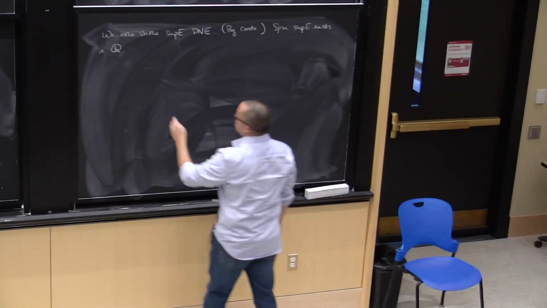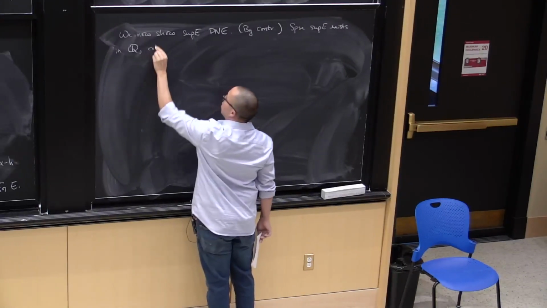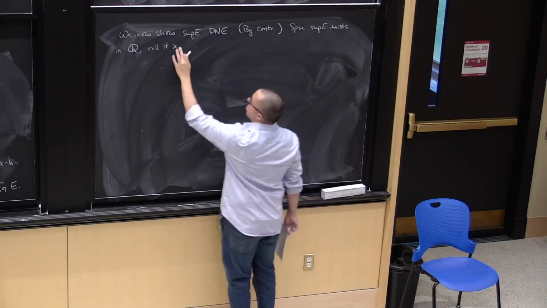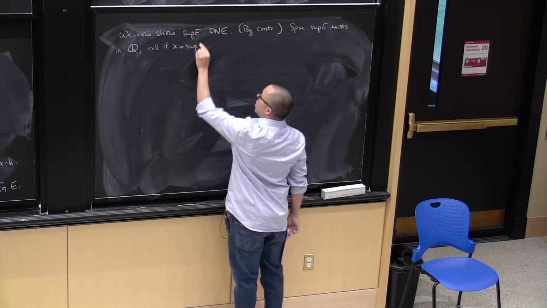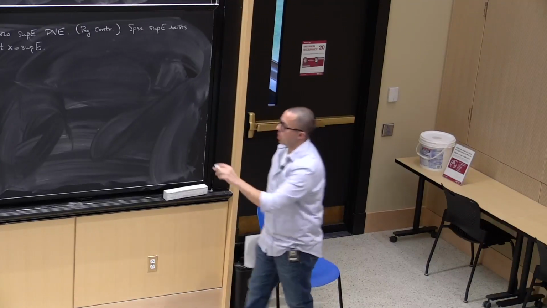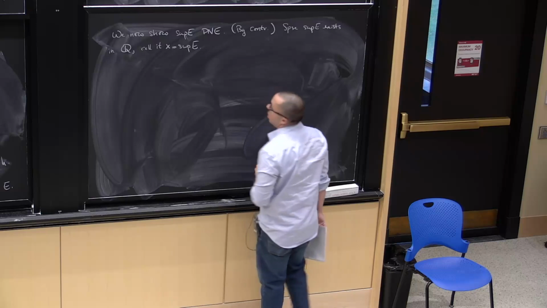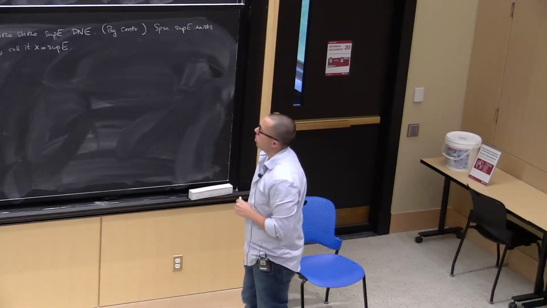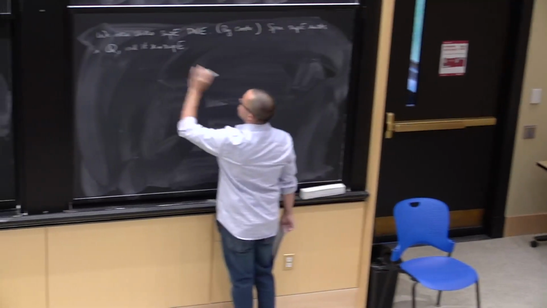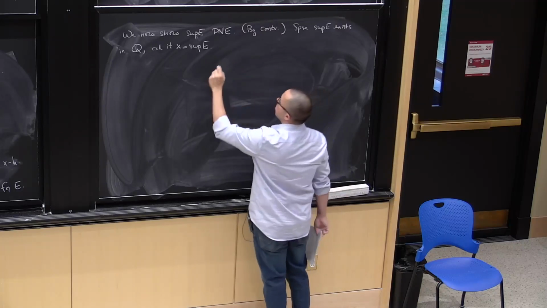Suppose the supremum exists, and call it X. All right, so X is the supremum of this set. Okay, so by the previous theorem, since X is an element of the rational numbers which is the supremum of this set, then X is bigger than or equal to 1, and its square is 2.